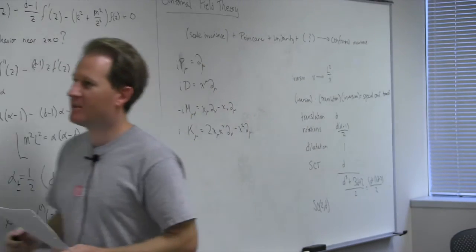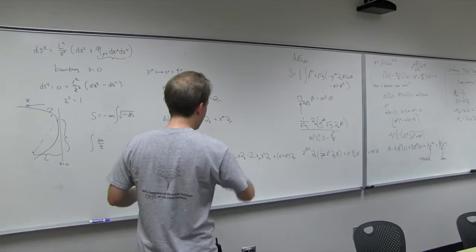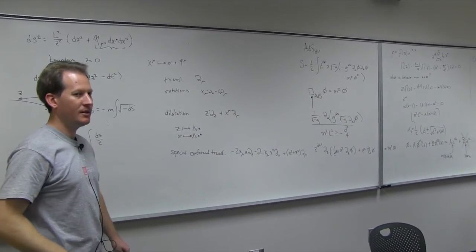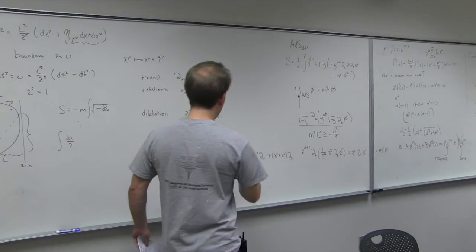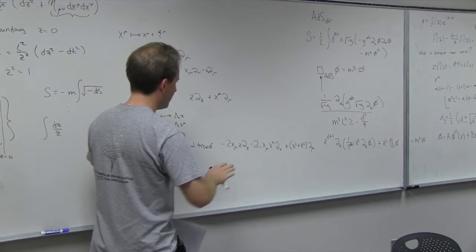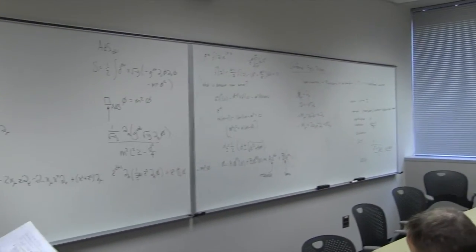So you can see that these look very similar to these Killing vectors in AdS, and that these coordinate transformations in AdS induce exactly those transformations on the boundary at z equals 0.